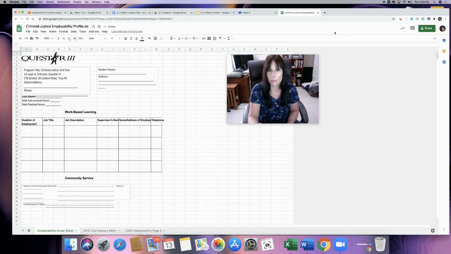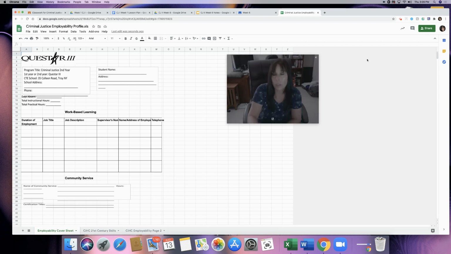Save and close. Okay. Now, this next area here, it says days absent. You can leave that blank. And you know I'm bad at math, so I gotta calculate here. It says total instructional hours and total practical hours.